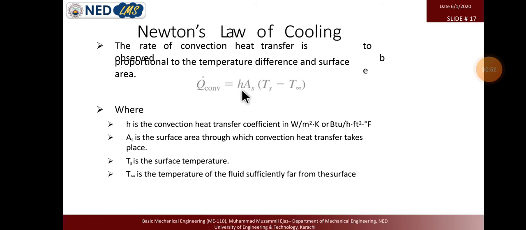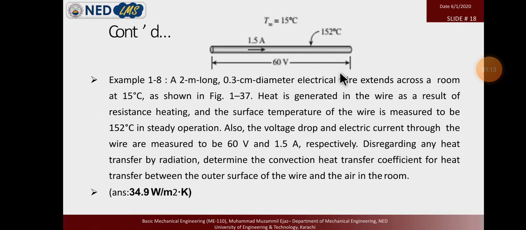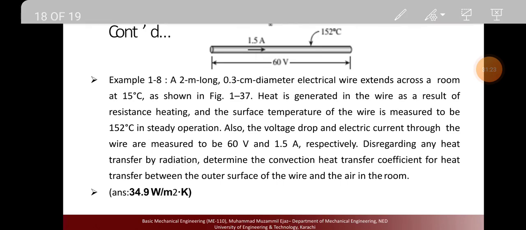So I'm just talking about which temperature. Ts is completely understandable, the temperature of a solid object. But what about T infinity? We can relate h and T infinity with two different formulations.